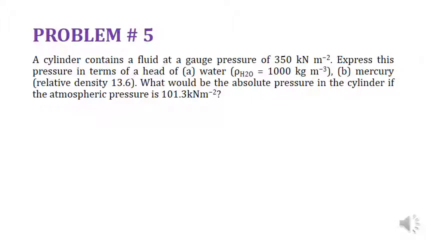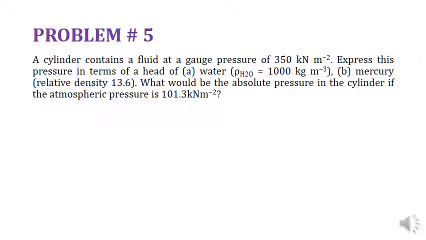Now, problem number 5. A cylinder contains a fluid at a gauge pressure of 350 kN per meter square. Express this pressure in terms of a head of water, and a head of mercury with relative density 13.6. What would be the absolute pressure in the cylinder if the atmospheric pressure is 101.3 kilonewtons per meter square?